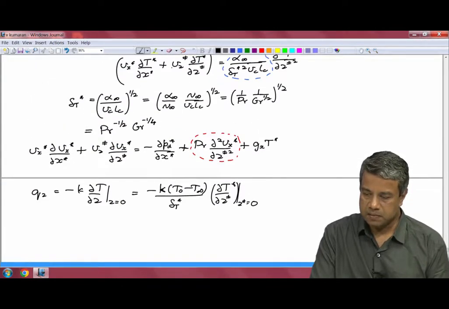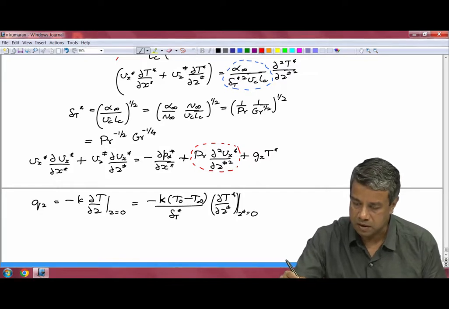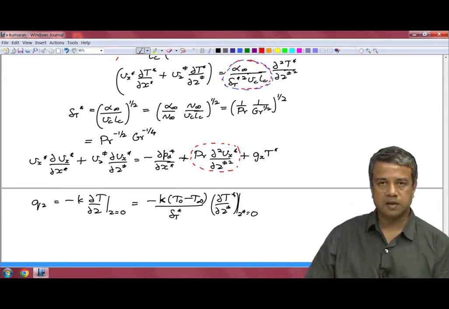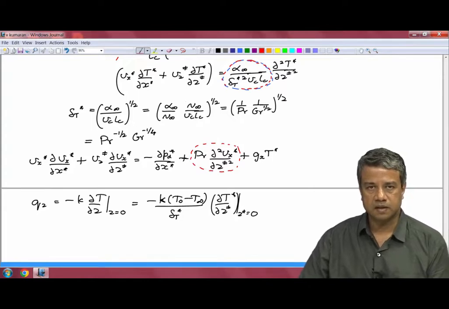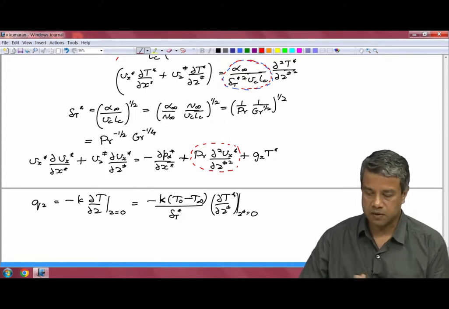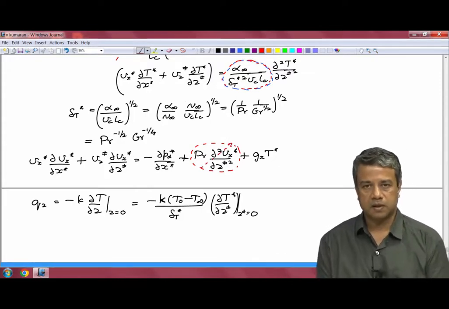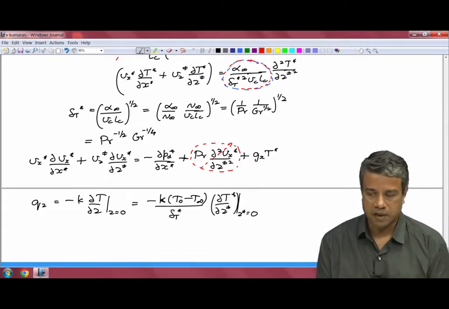Now, the energy balance equation contains no parameters because in the thermal boundary layer this factor is equal to 1. In fact, we determined the thermal boundary layer from the condition that this factor is equal to 1. In the momentum boundary layer, if we neglect the viscous terms, because the Prandtl number is small, that also contains no parameters.